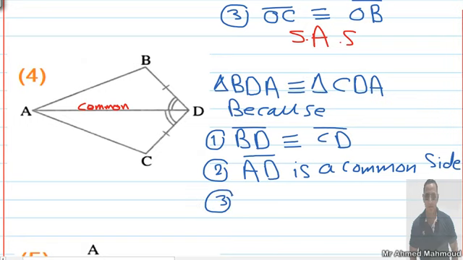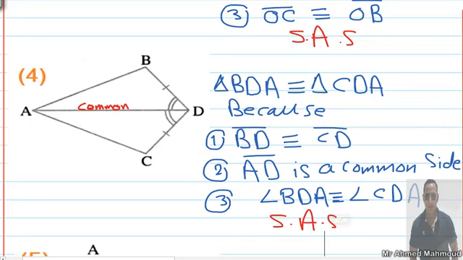Number three, angle BDA is congruent to angle CDA. The case here, as we see, two sides and the included angle, is SAS.